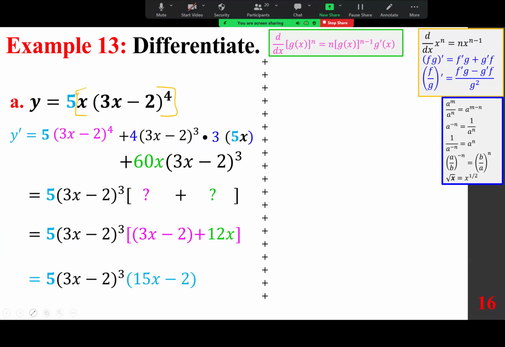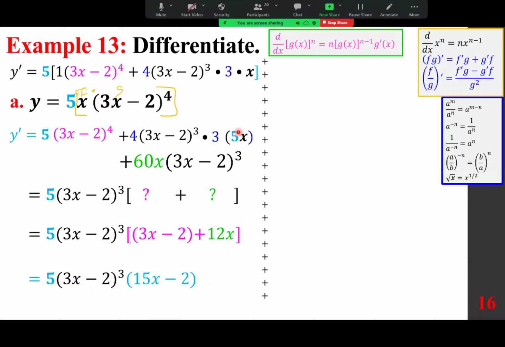So now you're dealing with f g. So f prime is just 1 times this one. So this one becomes 1 times this. And then this is the same thing times 5x. It would be times x.